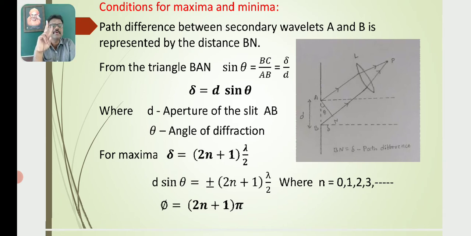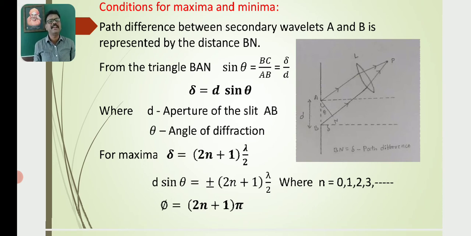There are two diffracted rays made to pass through a convex lens. After refraction, they meet at a point P, where P may be either a maxima or a minima, depending on the path difference between the two diffracted rays. Here the path difference is BN.